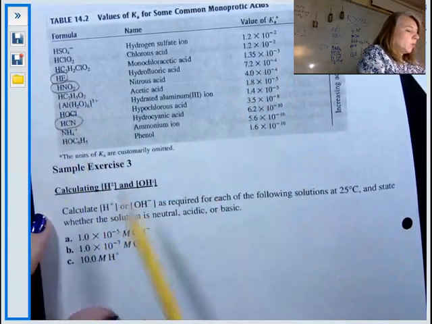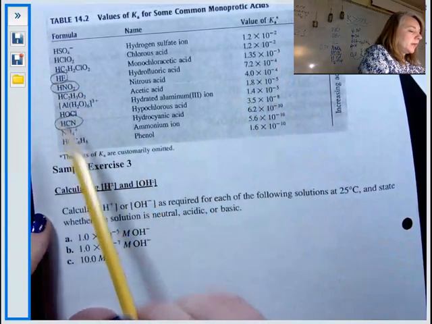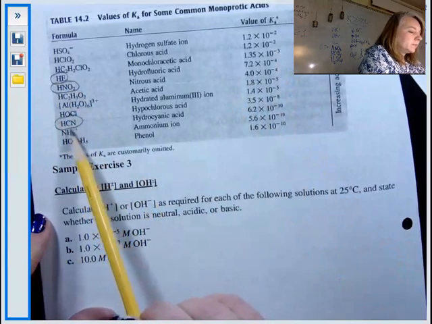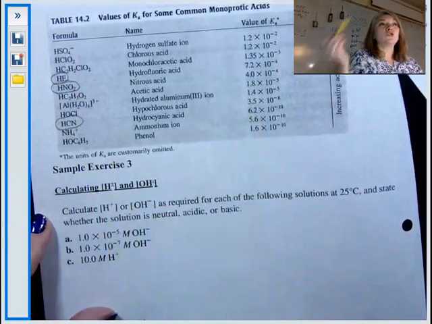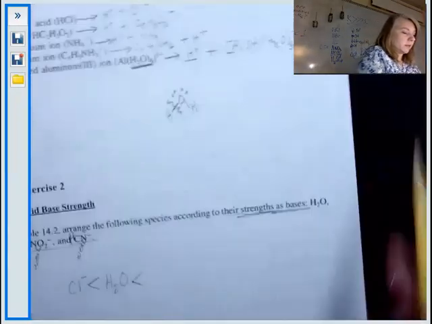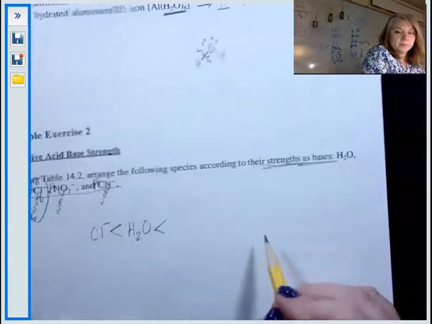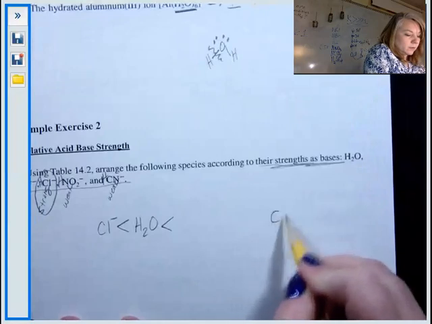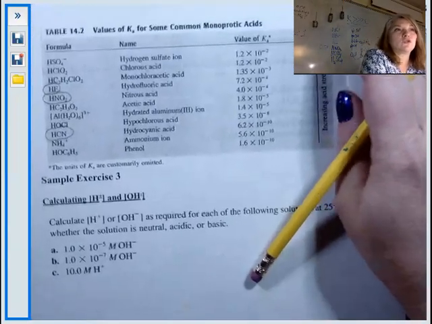Okay, so which one is actually the weakest acid? HCN. So it would have the strongest conjugate. So we know our strongest is CN minus. It's going to be the very last one over here. The one that's the weakest is going to have the strongest conjugate.